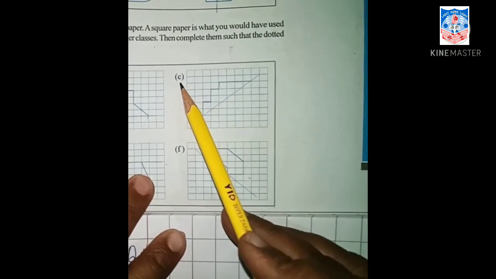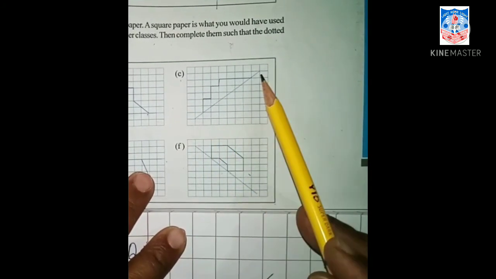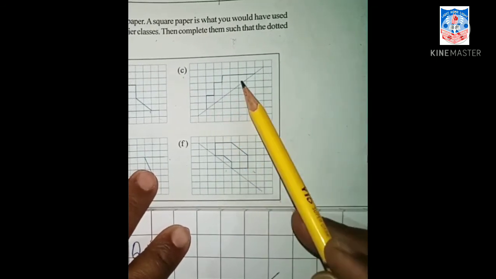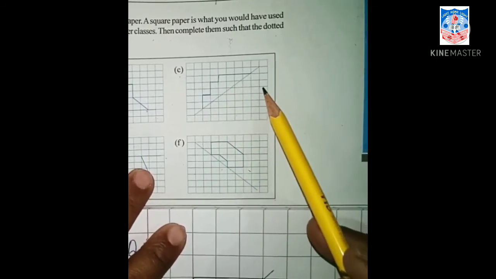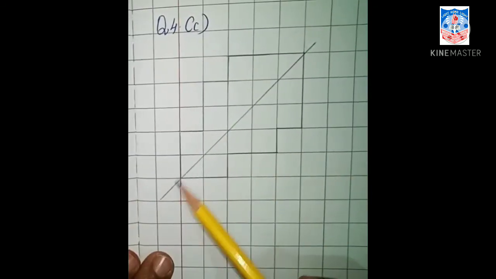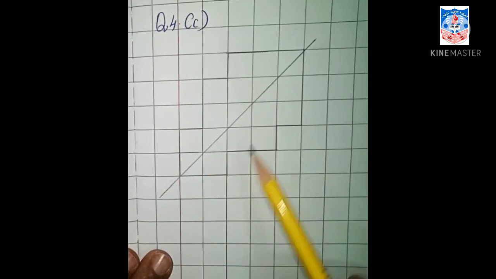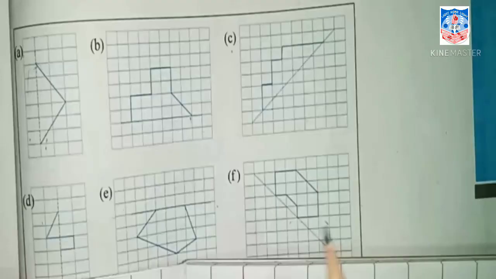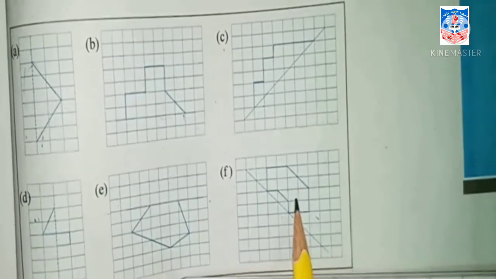Now see C, figure C. This is the line of symmetry and half part is given here. So the same figure you have to draw here. Now see, the line of symmetry and the full figure I have done for you. Understood? Now figures D, E and F. This is your homework.